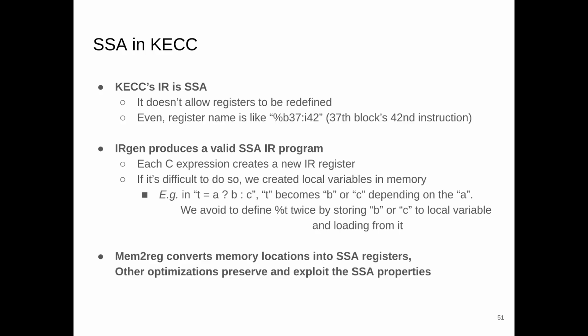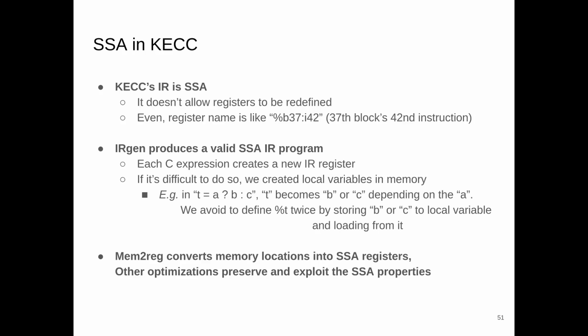It can be either the true block or the false block. In the true block, you calculate B and assign it to a register. And in the false branch, you calculate the value of C, and then write this value to the same register.